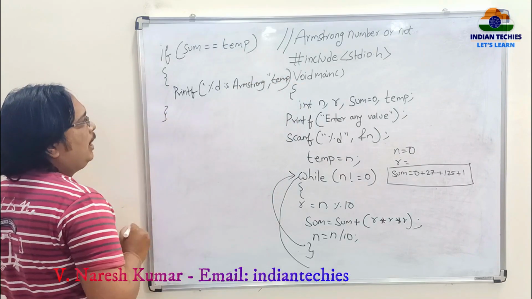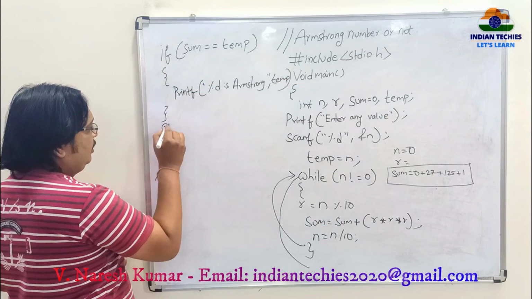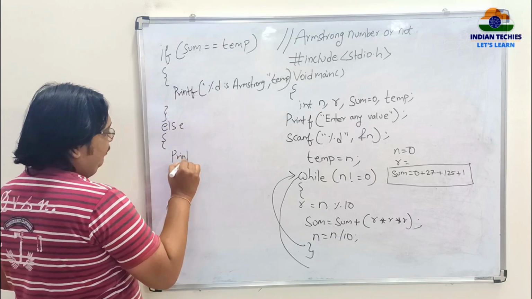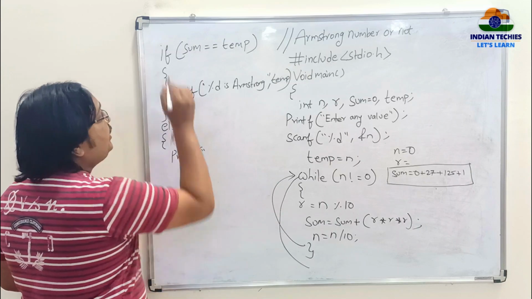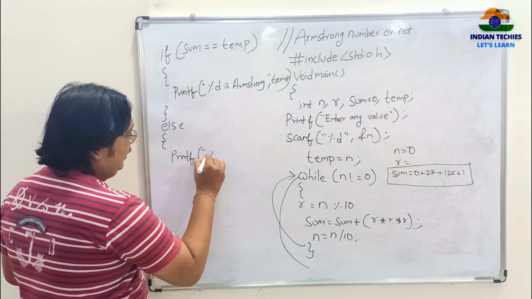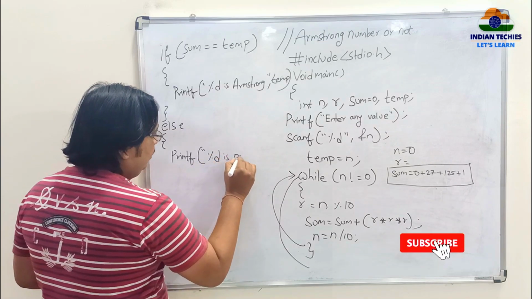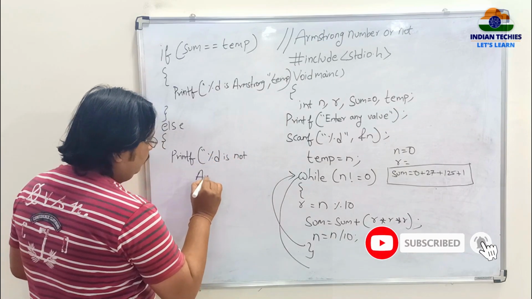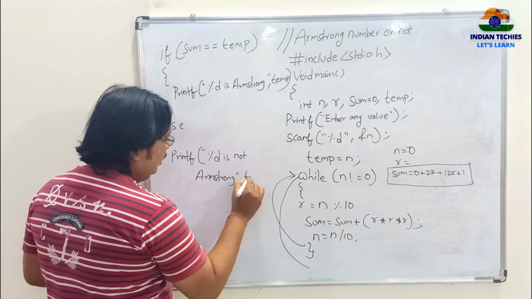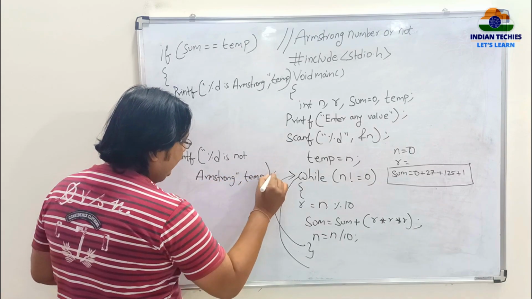Close this. Suppose this condition is false, that is else. Printf. If this condition is false, the meaning is your given number is not Armstrong. So printf("%d is not Armstrong"). Who is this %d? The given number which is stored in temp.